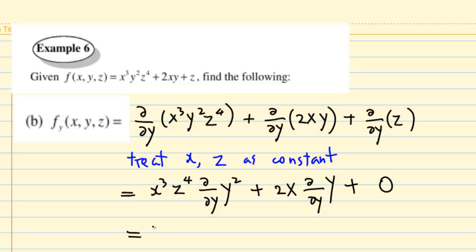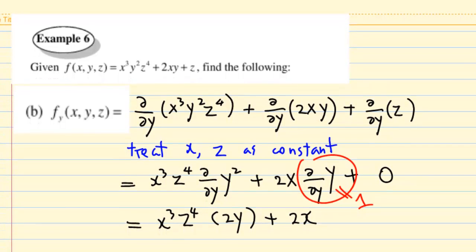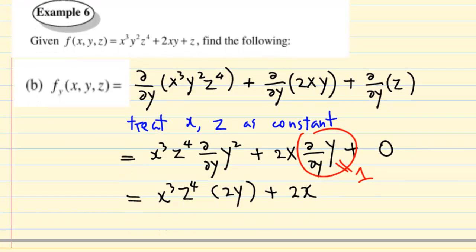And differentiate y squared with respect to y, I have 2y. Differentiate y with respect to y, you get 1. So the final answer is 2x cubed y z power 4 plus 2x for the partial differentiation of f with respect to y.